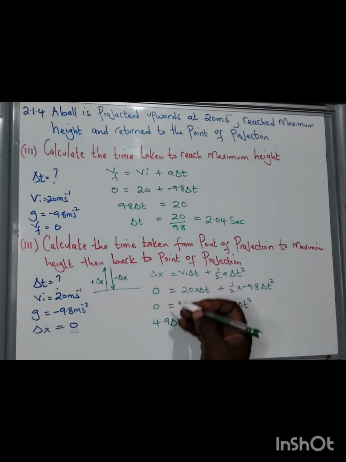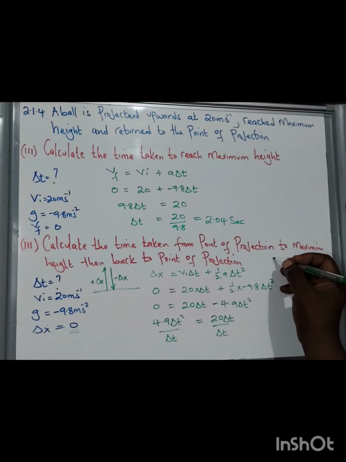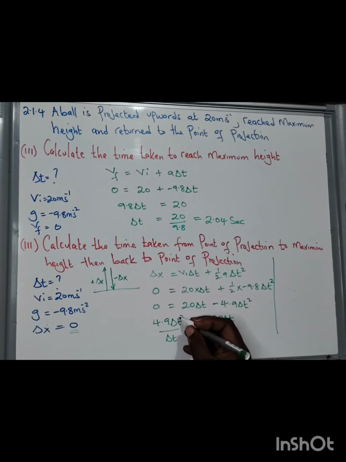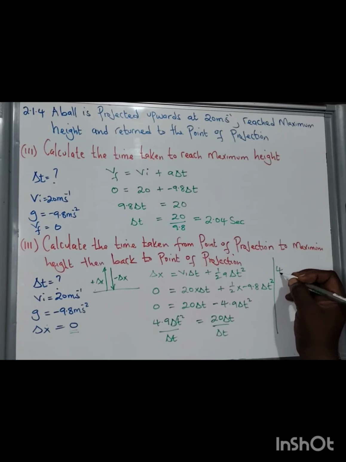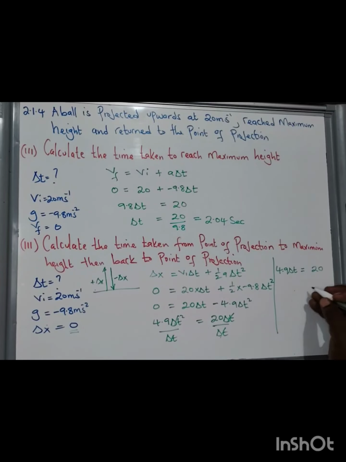You can simplify by first dividing by delta t. So what we get out of this is 4.9 delta t giving you 20. So what is going to be delta t?